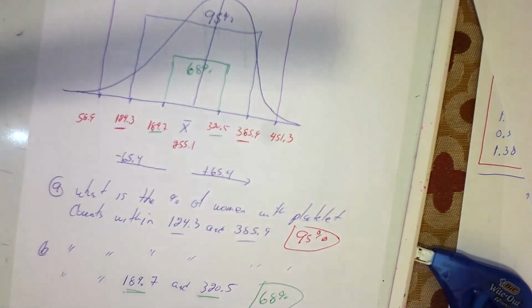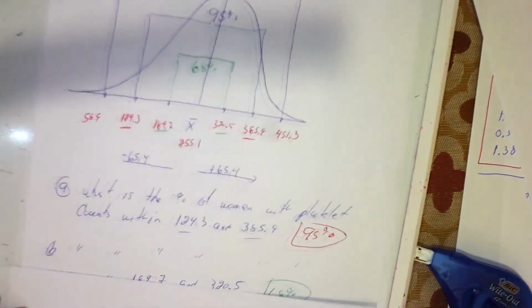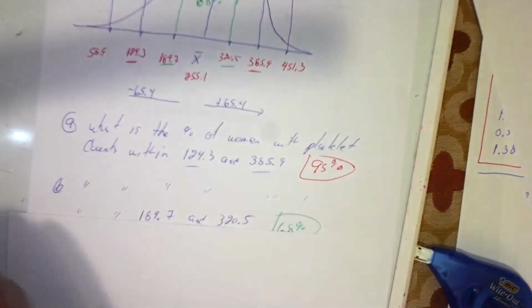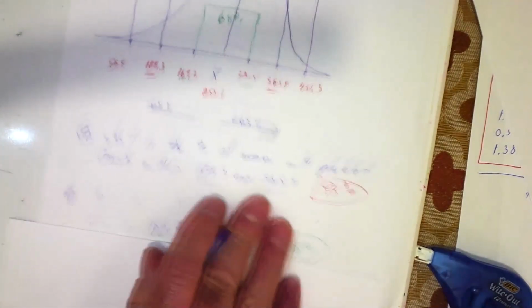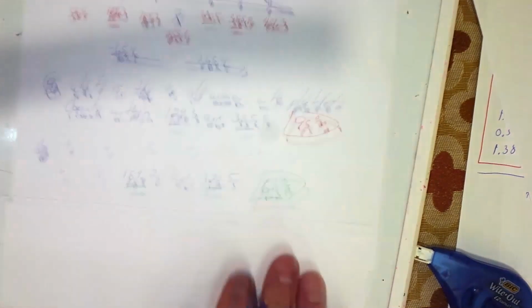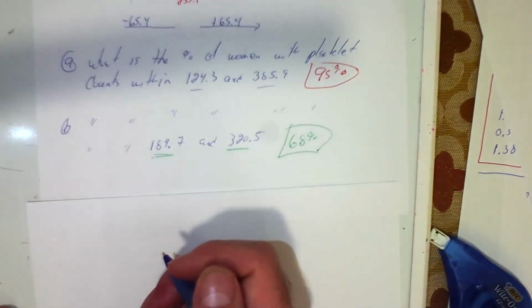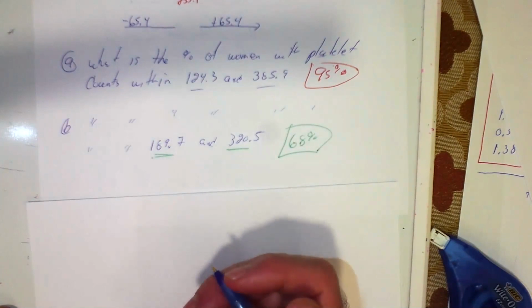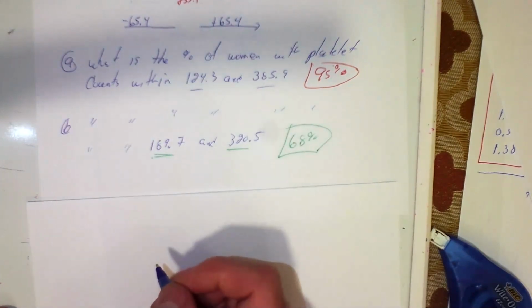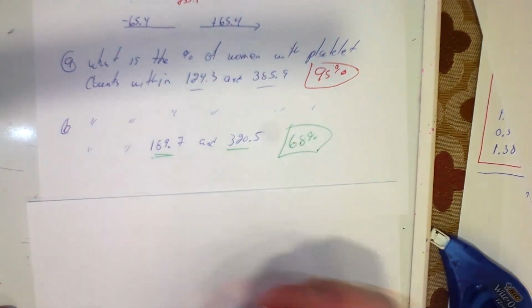That's empirical. So what is the drawback to the empirical rule? Well, it doesn't actually fit every type of data. We're missing a type of data. What type of data is the empirical rule missing? Well, it doesn't cover skewed data.